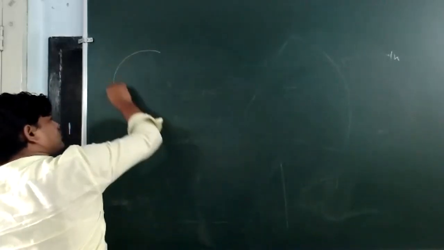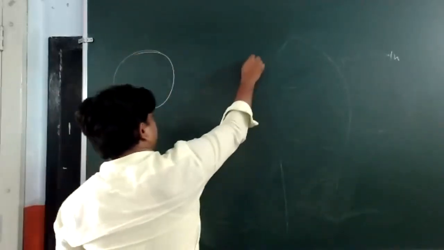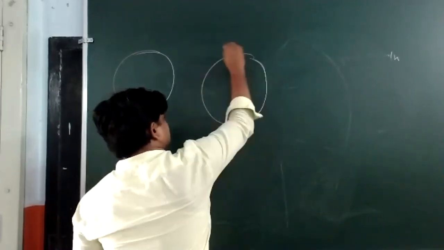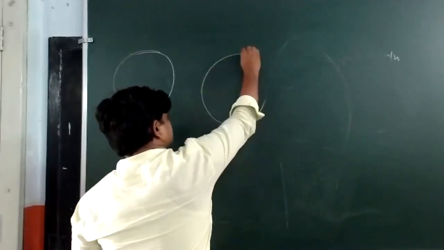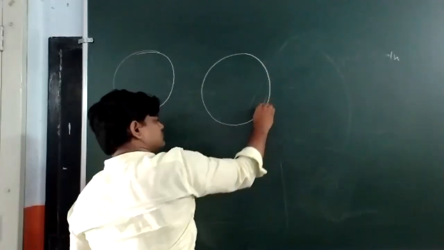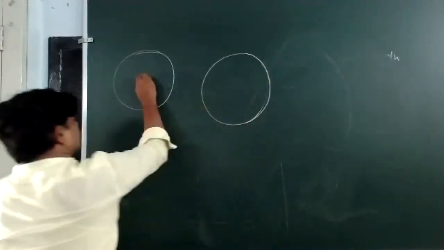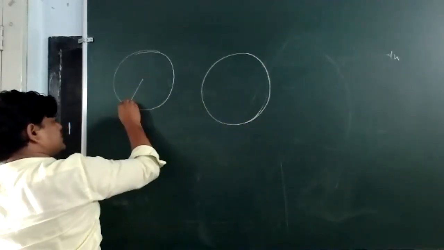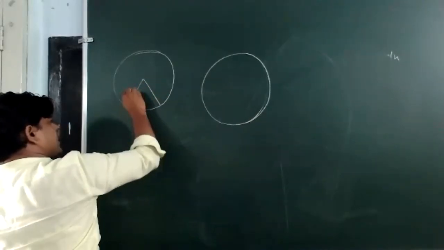I'm having here two circles, and their radii are different. One circle is this one, another one is this one. Now see, here I'm having the center of this one, and this is R1.